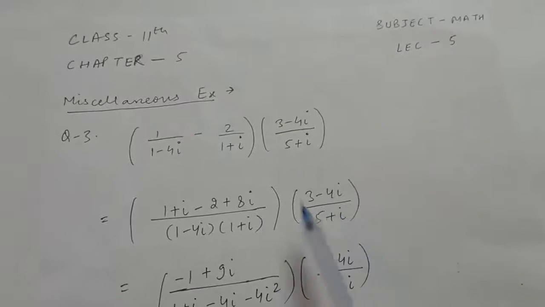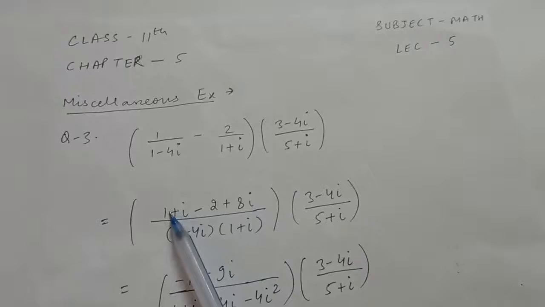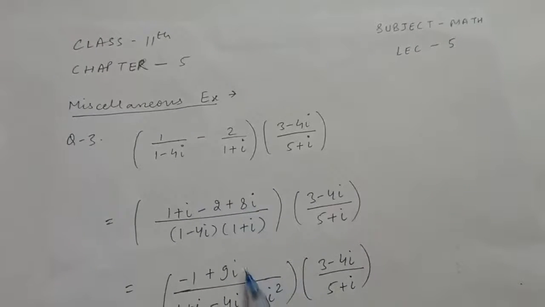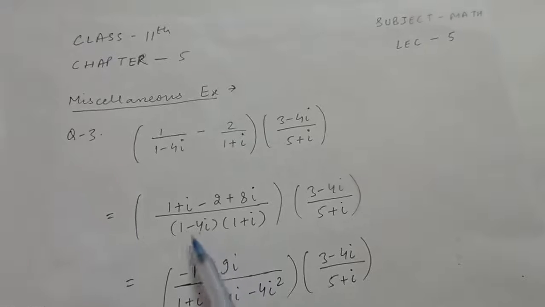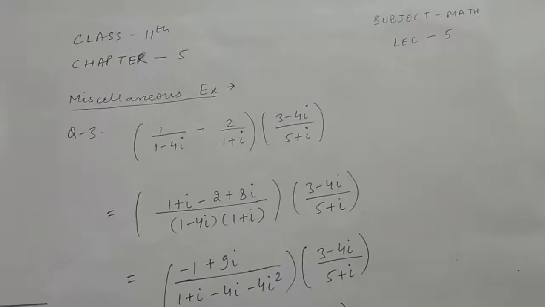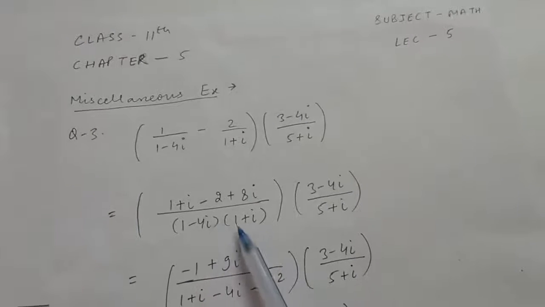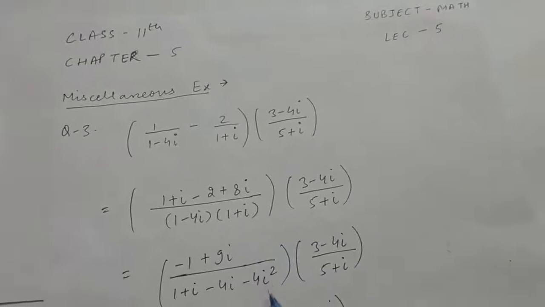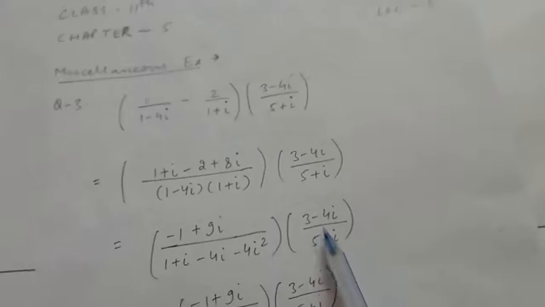Now solve this. 1 minus 2 is minus 1 and this is 9 iota, upon 1 into (1 plus iota) will be 1 plus iota. Then minus 4 iota minus 4 iota square into this term as it is.